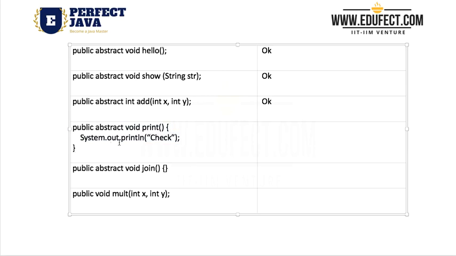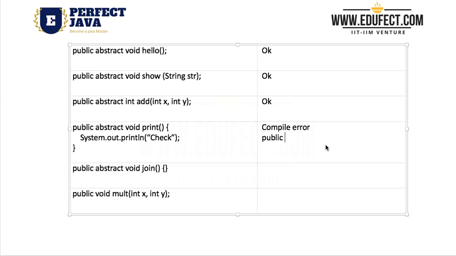Let's look at the next example, this one. Public abstract void print, and then we have an implementation. So this is the implementation of this method. Now what is the problem here? We have used abstract and we have given an implementation. Now if the method is abstract, there cannot be any implementation. So this will give us a compile error. And how would it look for there to be no compile error?